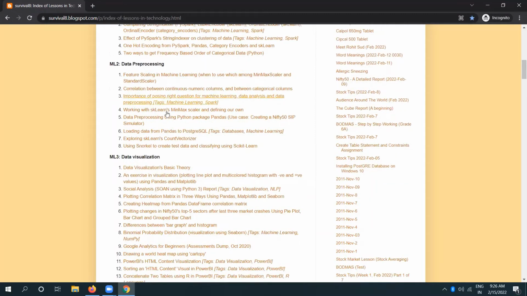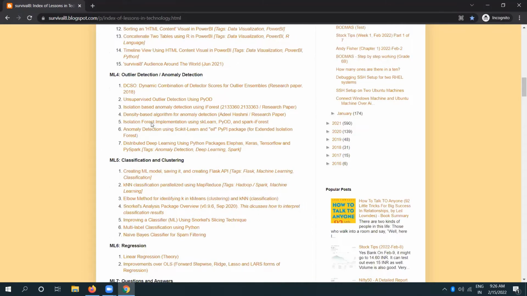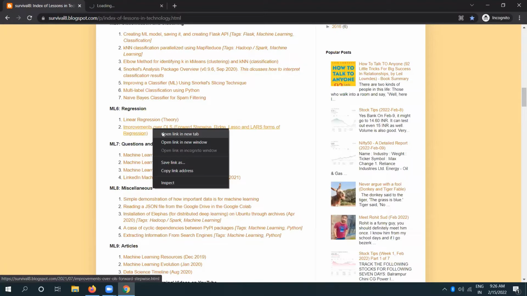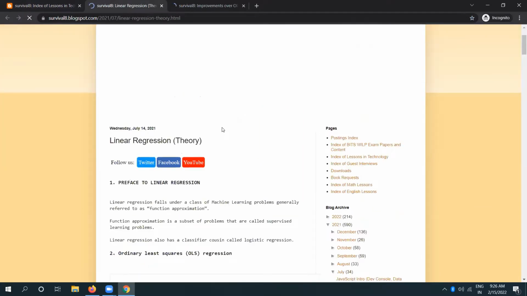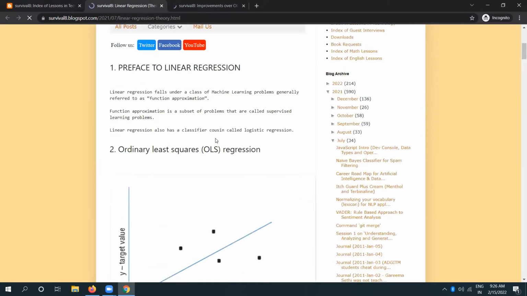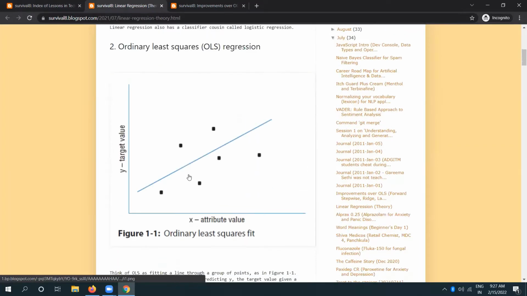Now there is this machine learning topic: linear regression theory and improvements over OLS. Linear regression falls under a class of machine learning problems. So when you have a linear regression, what do you understand by it? You have some data points in two-dimensional space, and you are trying to predict the target value y for a known value of x.